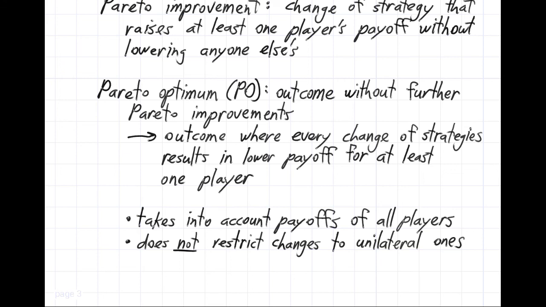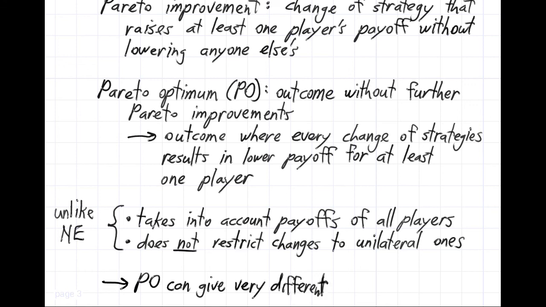So all the players could potentially change their strategies together, and we compare the outcomes of any two boxes. So these two things are really quite different than what we saw before when we were looking at the Nash equilibrium. And we'll see that the Pareto optimum can give very different solutions than the Nash equilibrium concept.